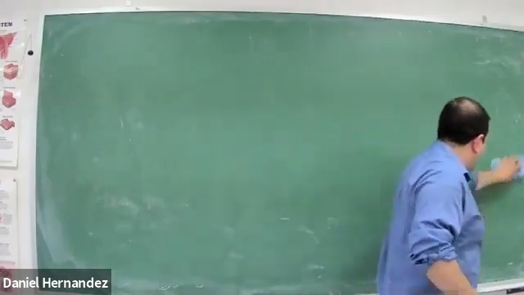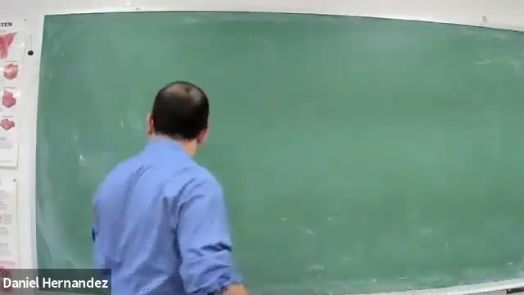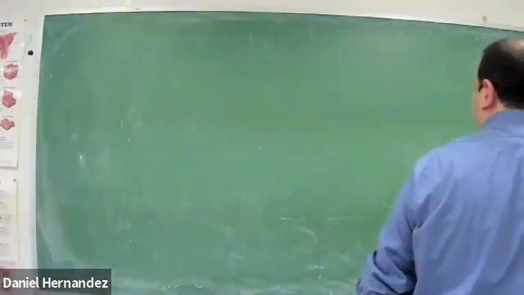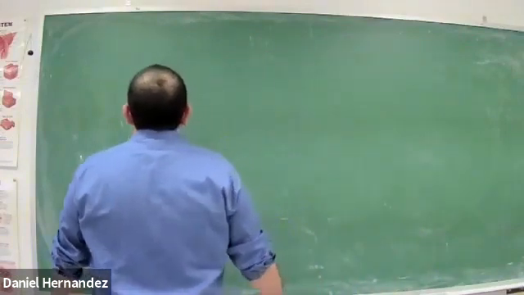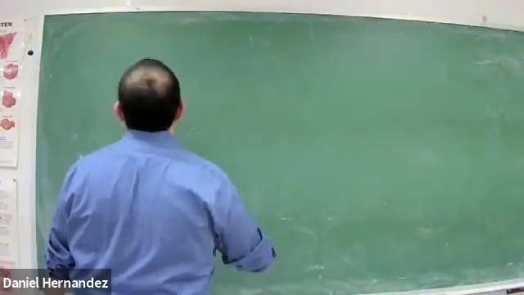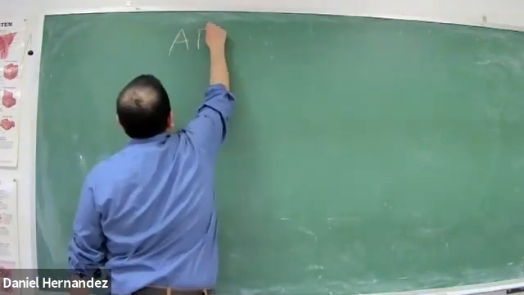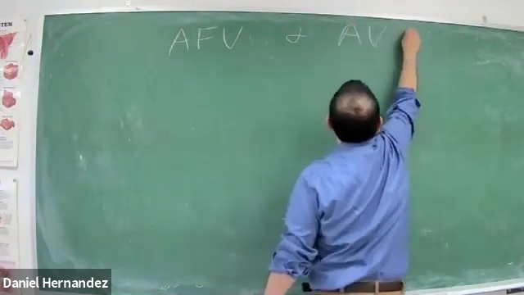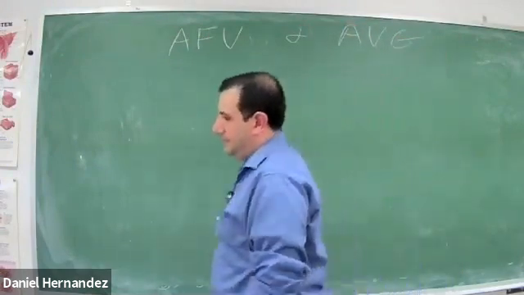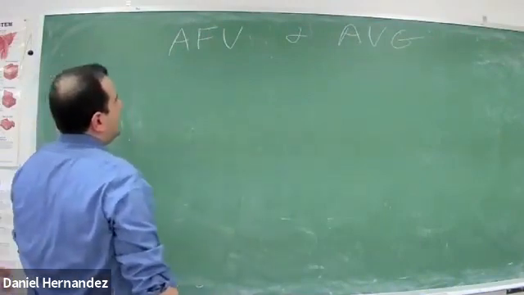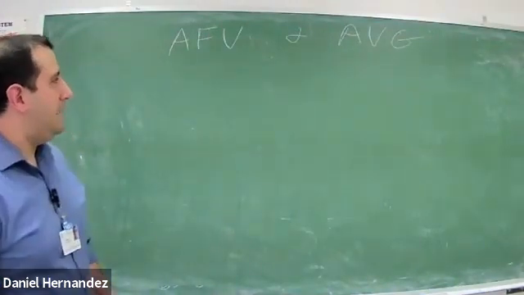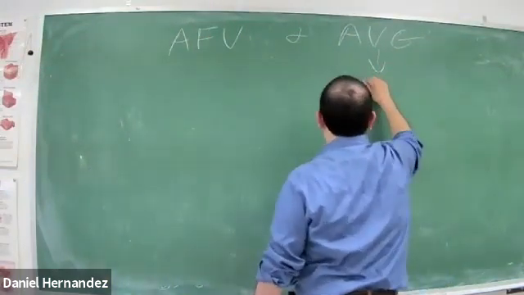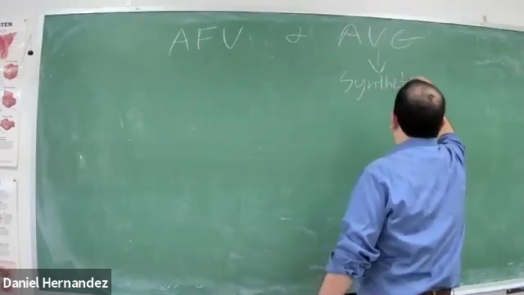And quickly, I know Morgan wanted fistulas. All right, so fistulas, AVF and AVGs. So the difference between an AVF and an AVG, the AVG is going to be a synthetic graft.